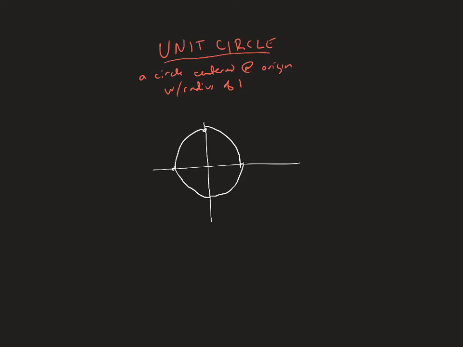Now, the unit circle is super useful when we're talking about trig because if I were to pick any point on the unit circle, say right there, and I call it x comma y, and then I were to draw an angle in standard position whose terminal side passes through that point. Up to this point, we've been building those reference triangles, the little right triangles that have the reference angle in them.